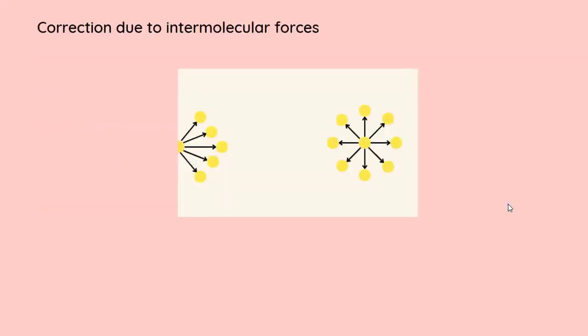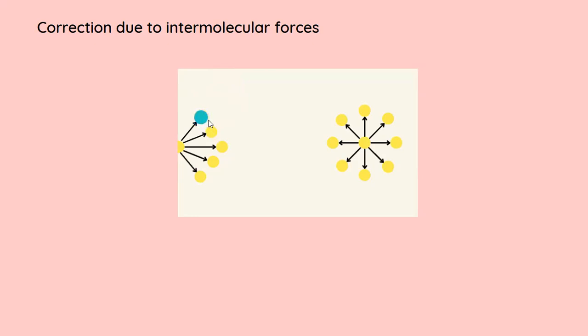On the other hand, the reason you have correction for intermolecular forces is that when you have a gas molecule in the bulk of that particular vessel, it does not have any net force acting on it. So all the other molecules are going to pull it in all directions. On the other hand, for the one closer to the wall of the container, what was noticed was that it did not hit the walls of the container as fast as it should have in the absence of intermolecular force.